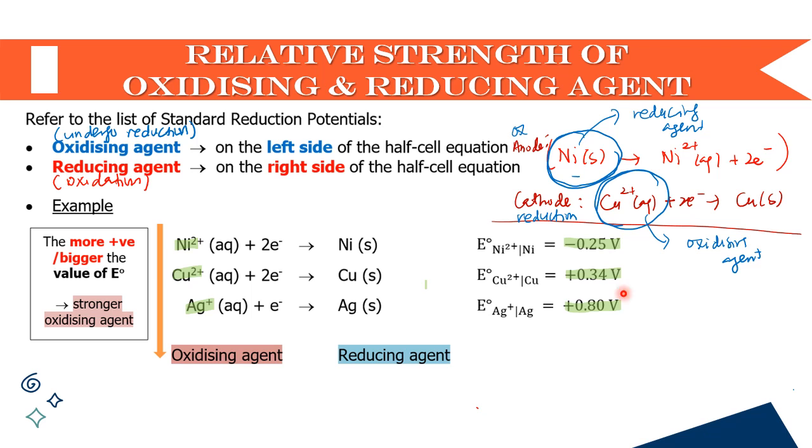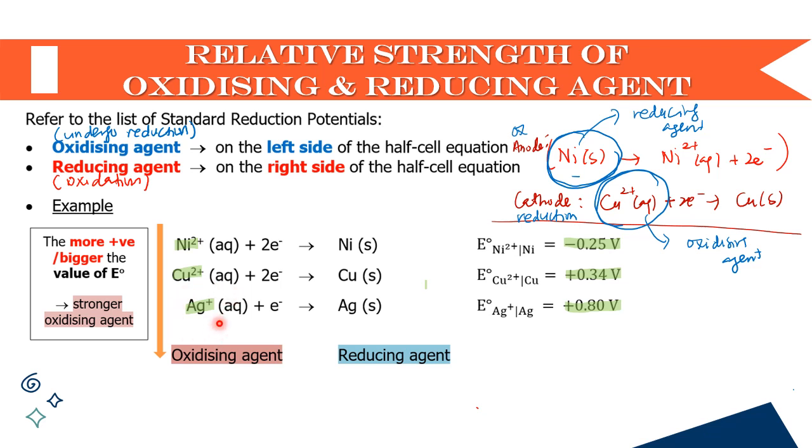Like I mentioned before, this is a standard reduction potential, the ability to undergo reduction. So the bigger the value, the easier for the species to undergo reduction. Meaning if I compare Ni2 plus with Ag plus, which one will undergo reduction better?